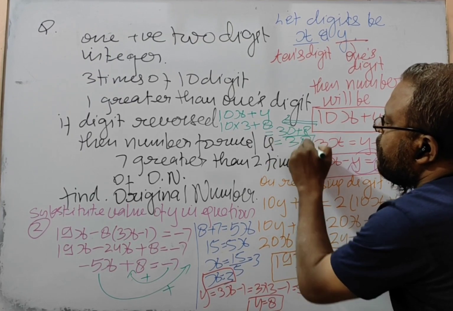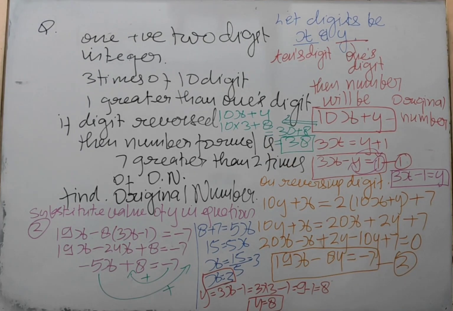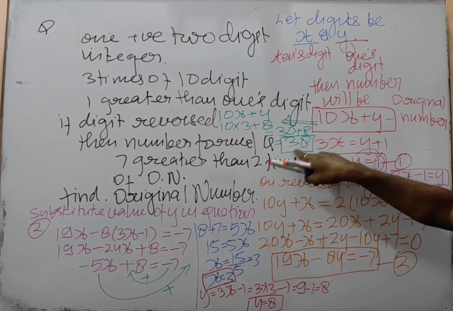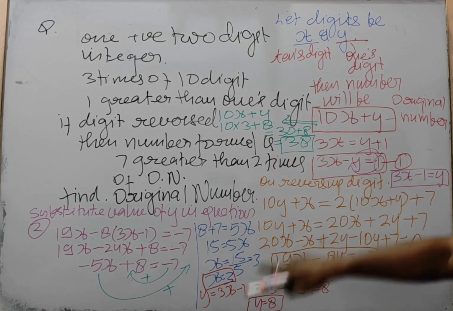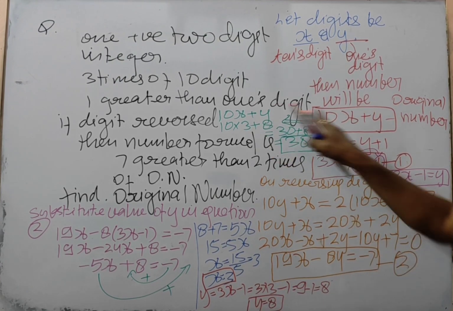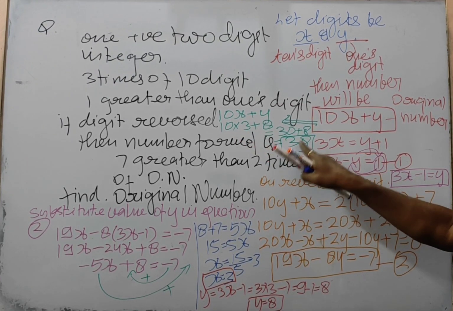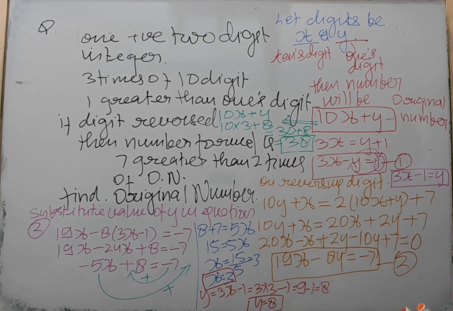So your number is 38, right? This is the original number we found, 10x plus y. We put the values of x and y in this, and then we get 38. So our original number is 38.